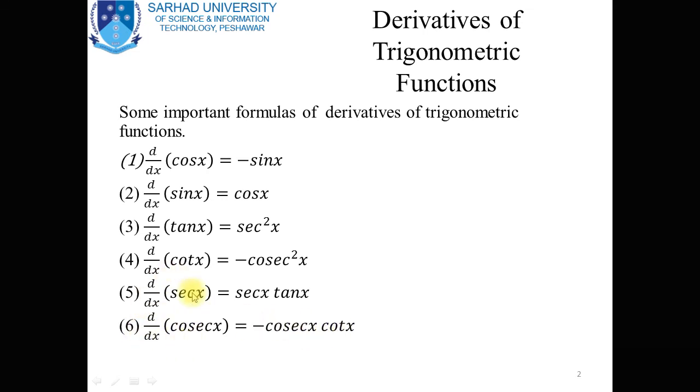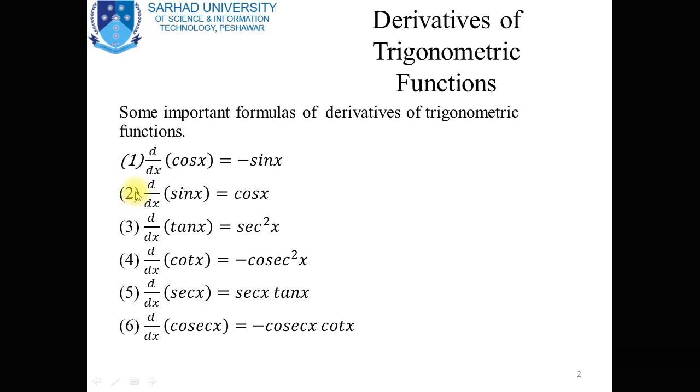So dear students, in this lecture I have already proved these 3 trigonometric formulas: the proof of the derivative of cos theta, the proof of the derivative of tangent theta, and the proof of the derivative of secant theta with respect to theta, which is equal to secant x tangent x.